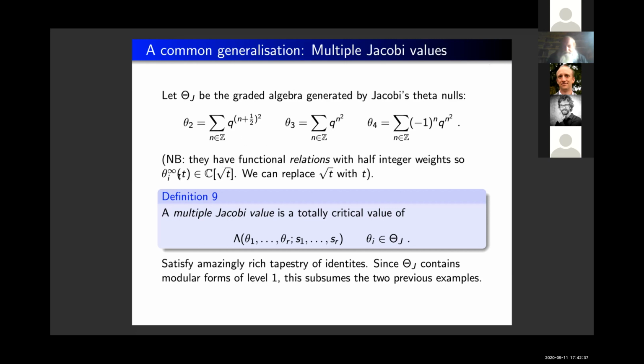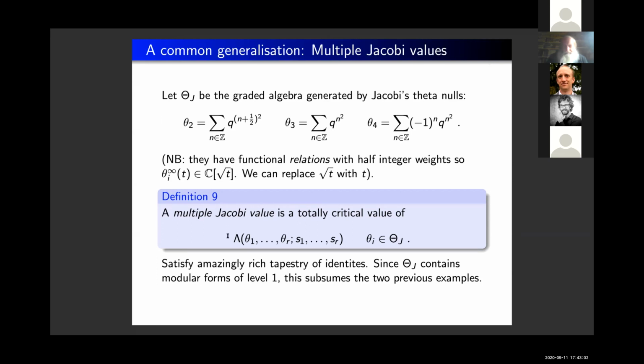So the divergence at infinity is not a polynomial in t, but you may get something in the square root of t. But so what? That's not a problem. We can just replace the square root of t with t. These issues really are very trivial indeed. So in any case, it's very natural to consider the Jacobi theta functions.